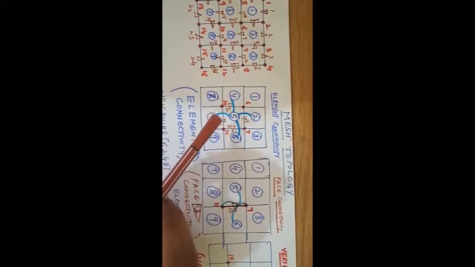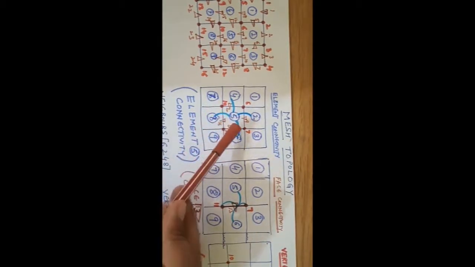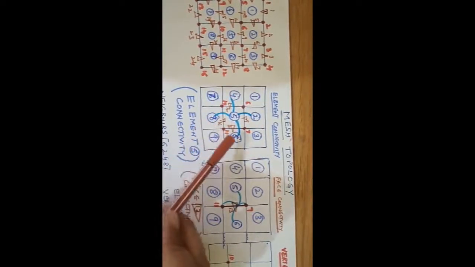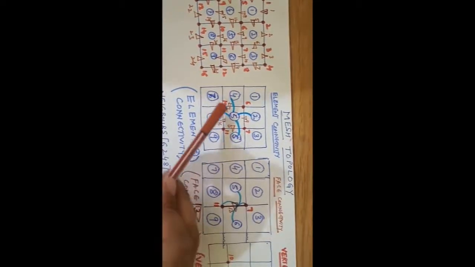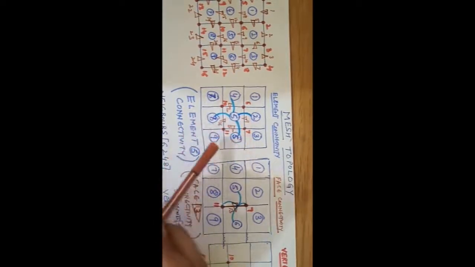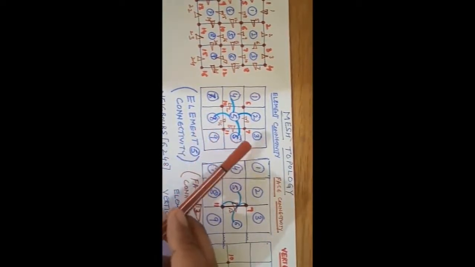So when we solve for the approximating function in that subdomain, for instance, taking this element 5, as a part of the solution we will only get an algebraic equation that contains T5, T2, T4, T8 and T6. So each subdomain like this will fetch you the temperature dependence of itself with its neighboring elements.